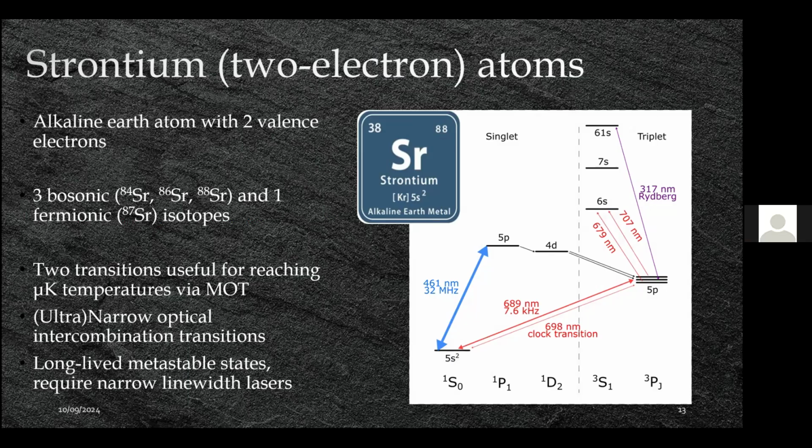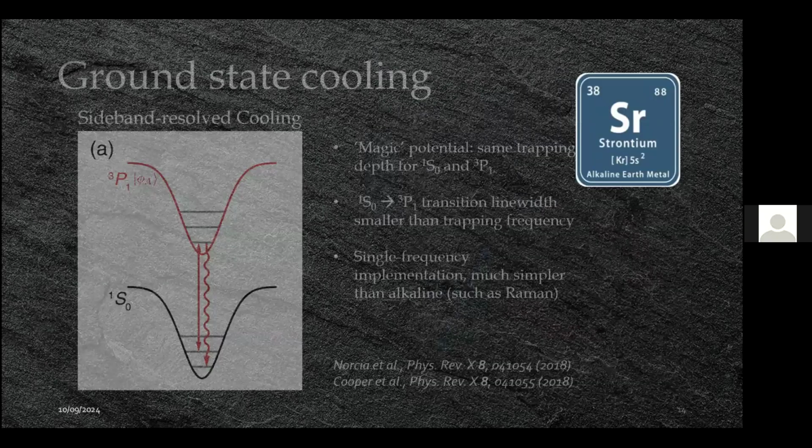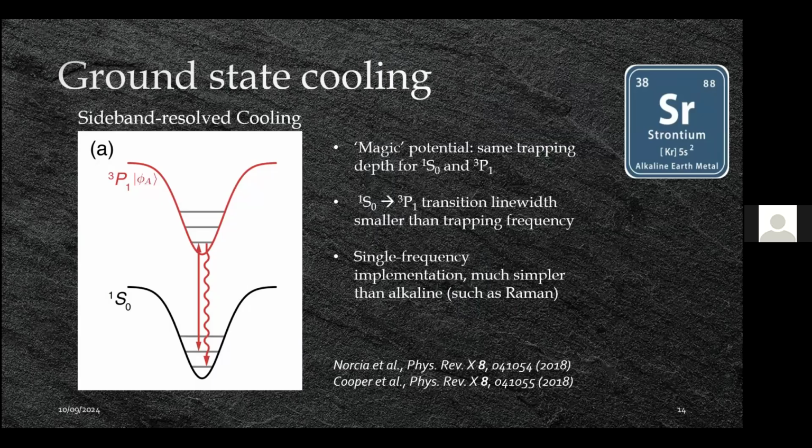The intercombination transition in red, the thicker one, is essentially the second-stage cooling transition. But it is also quite a good thing to have the clock transition over there. So, for all these reasons, strontium has been the best candidate to be our atom.